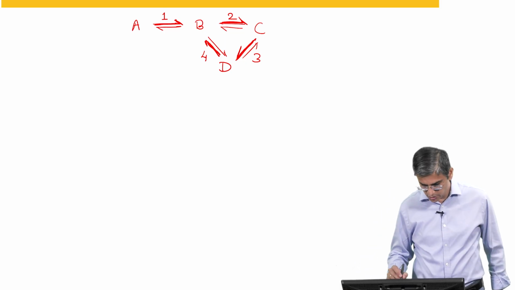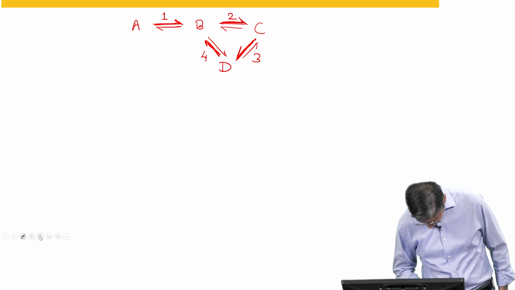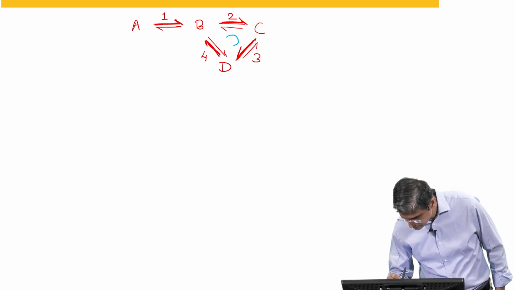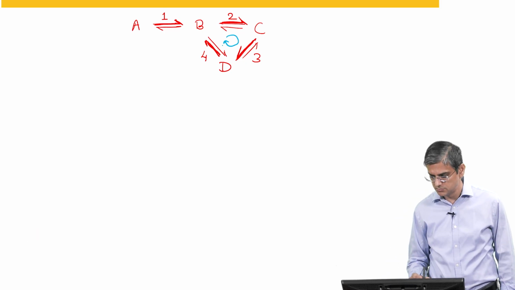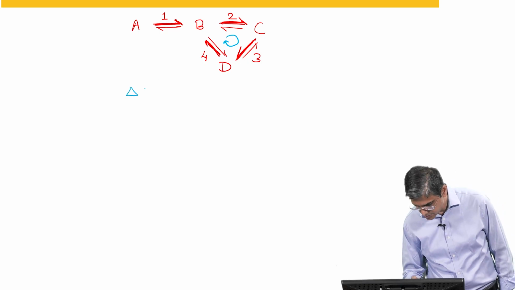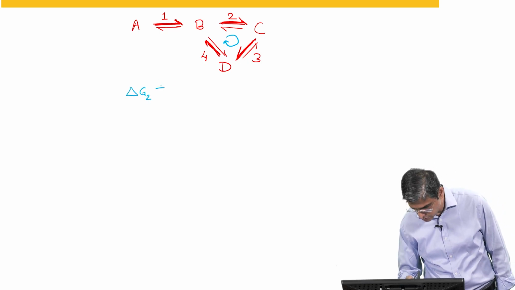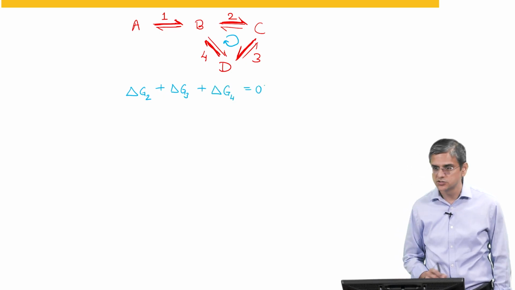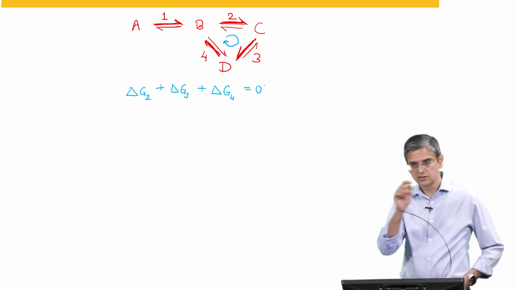So, if you are to look at this circle, delta G2 plus delta G3 plus delta G4 will be equal to 0, because it is coming back to that same place.